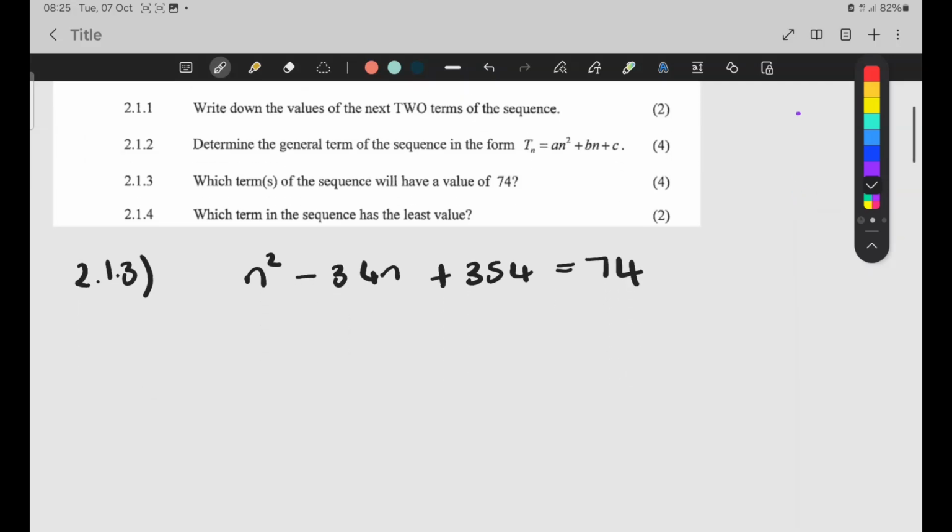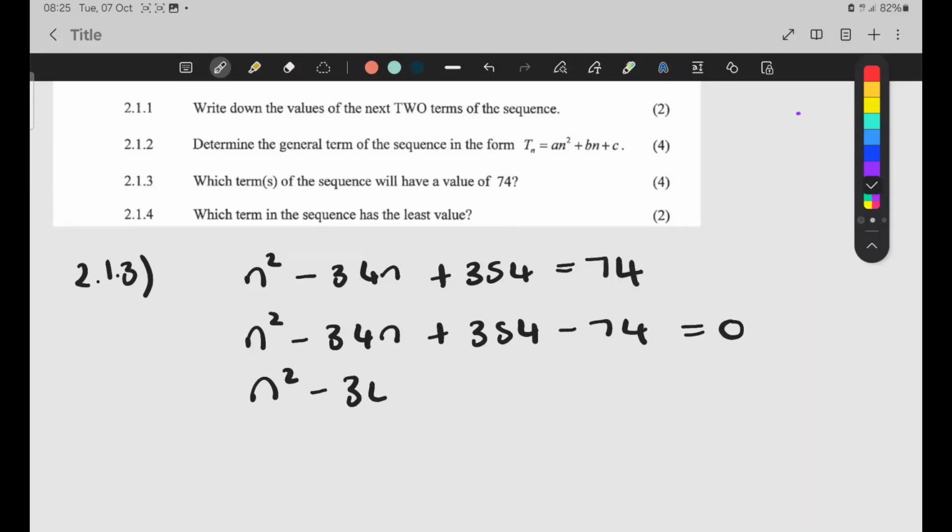And then I'm going to solve for n. So standard form. I bring everything over, so negative 74, so I can make this equal to 0. And then I add my like terms.